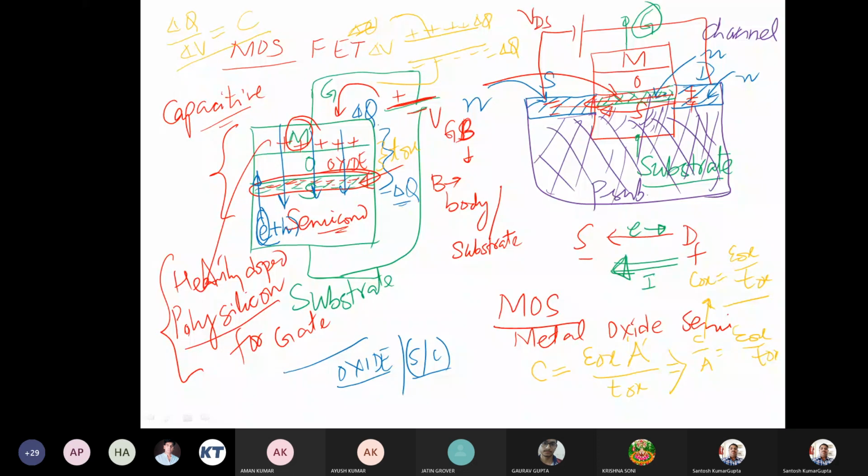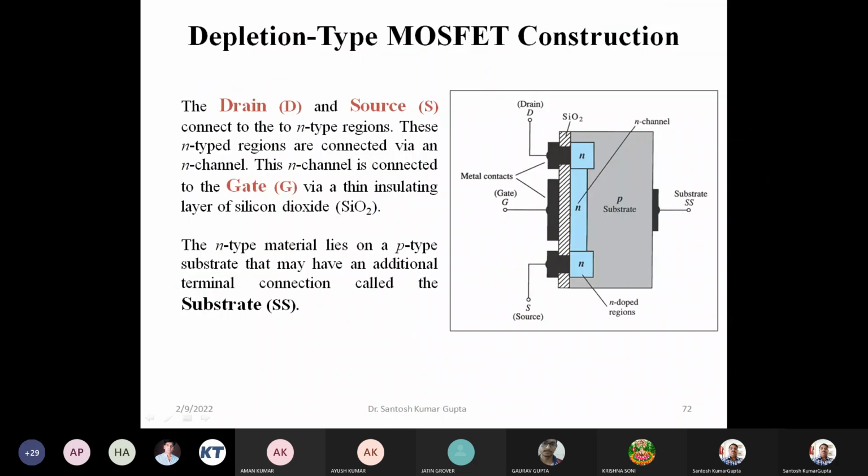On the other hand, if we put a negative charge on the gate, then it is the positive charge which will appear in the semiconductor at the interface. That is very important for us to understand the basic working here.